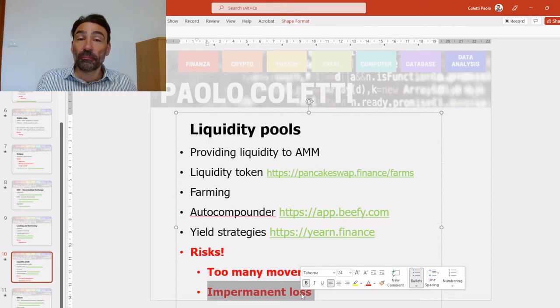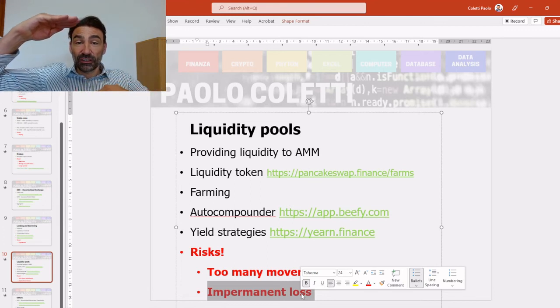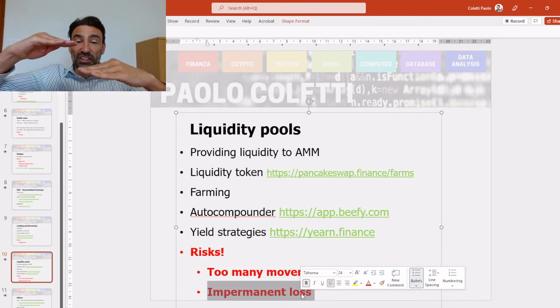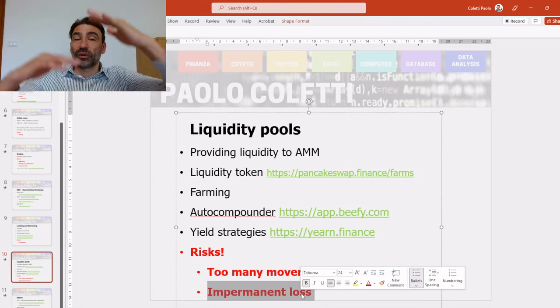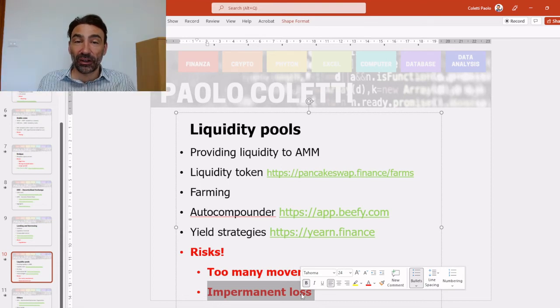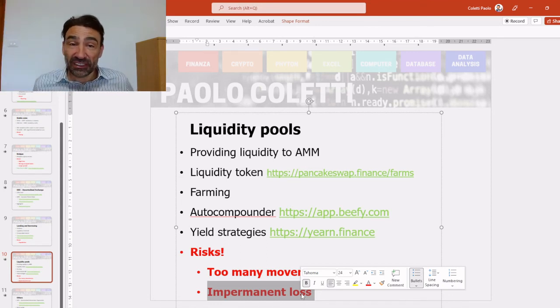But there is a strange mathematical reason behind. If you supply liquidity and the two currencies diverge, or just change their initial ratio, not only will you gain or lose according to whether in general they go up or down, but you will face an impermanent loss which depends on how much they spread. It's very strange because it's a mathematical calculation.